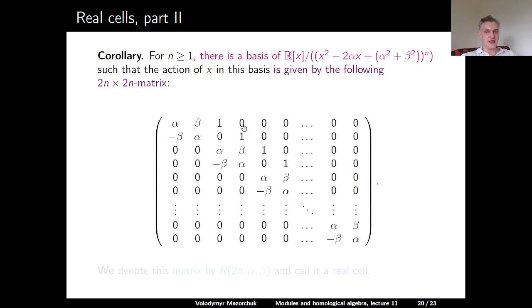And just above the diagonal, we have the identity 2 times 2 matrices. So if we subtract the diagonal blocks, we will get exactly the nilpotent element of degree n. We denote this matrix by R_n(alpha, beta), and we call it a real cell. Note that this is a 2n times 2n real matrix.